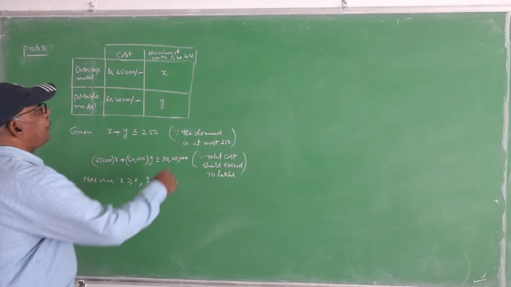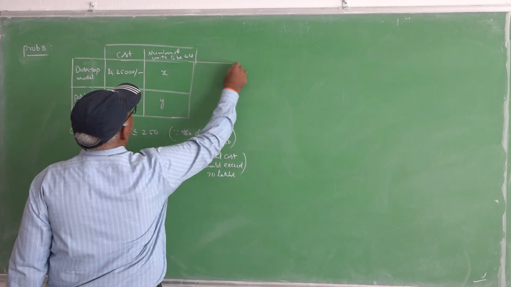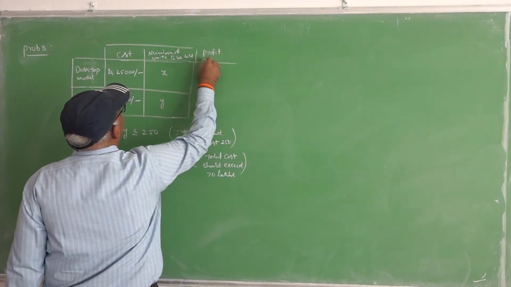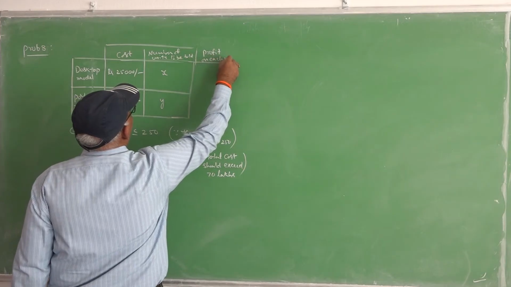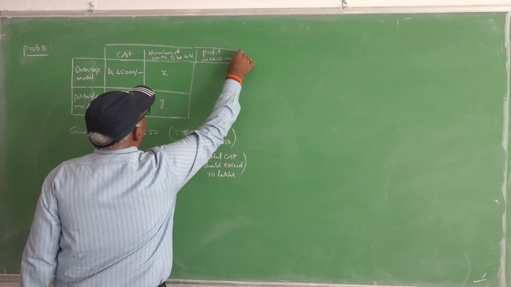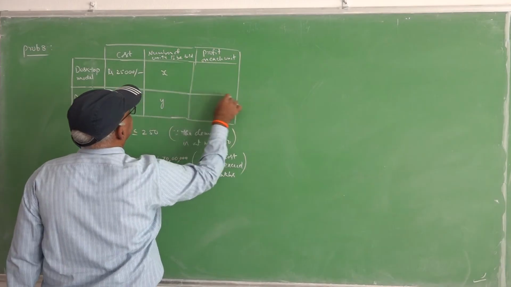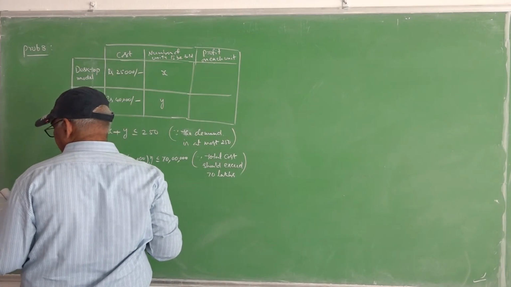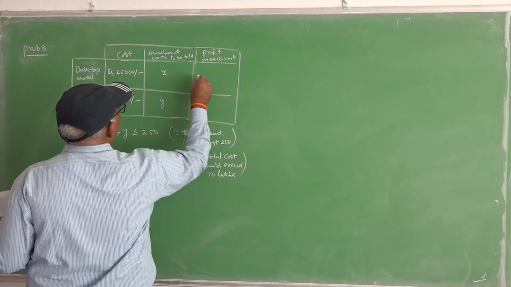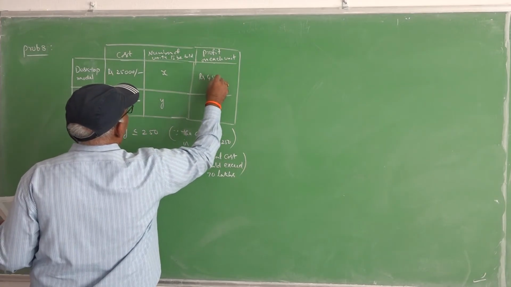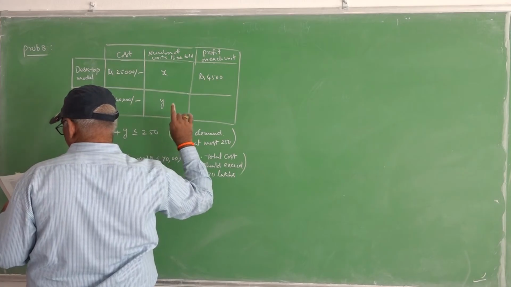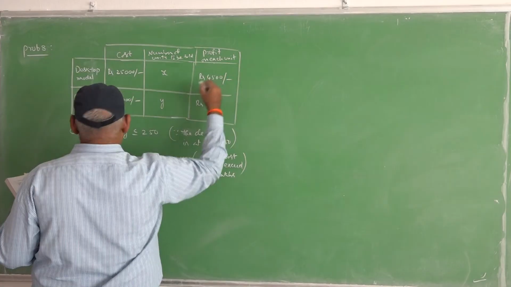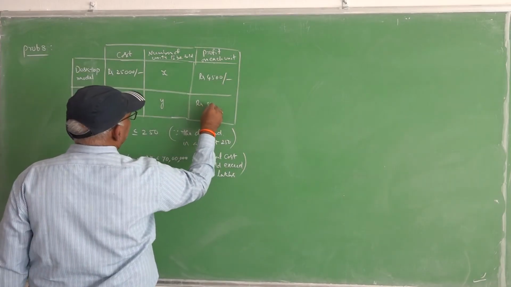Now taking the profit on each unit of desktop, the profit is given as 4,500, and the profit on portable model is 5,000.